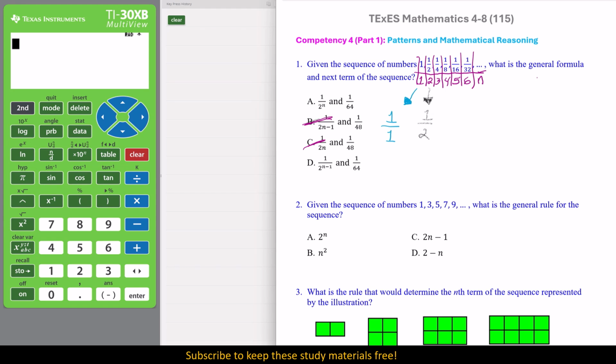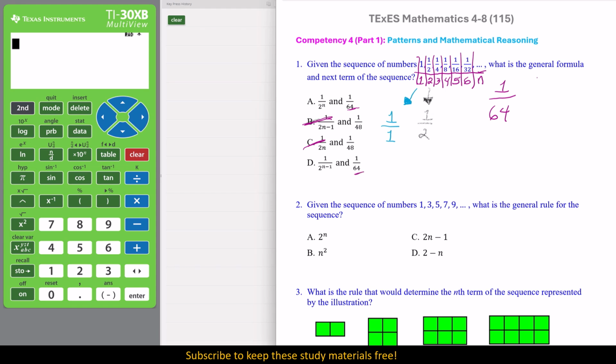Okay. Well, if we go on and if we're looking at it as 2 times 4, 2 times 8, 2 times 16, well, 2 times 32 would mean that the next term is 1 over 64. If you saw that, I agree with you. Okay. Well, that gives us a yes on A and D. But now we've got an issue.